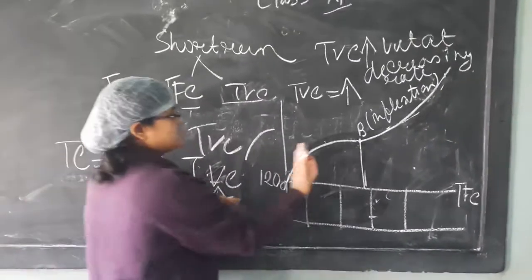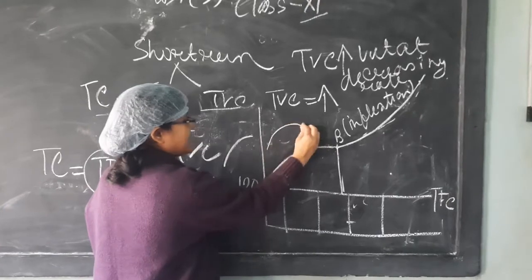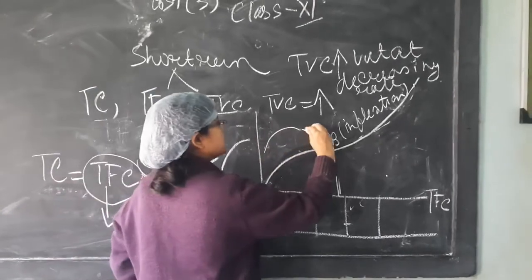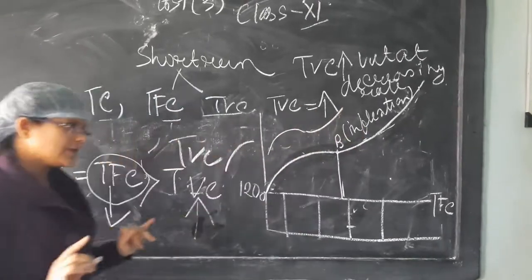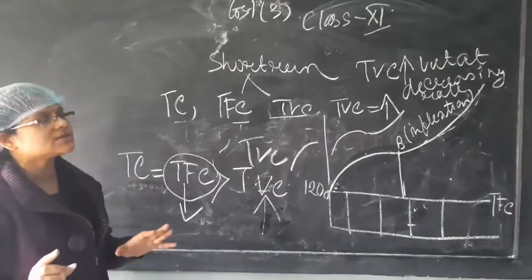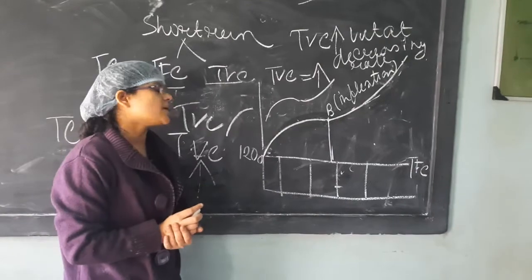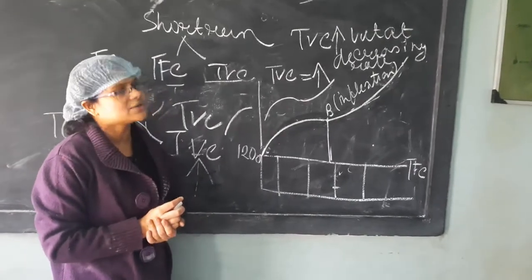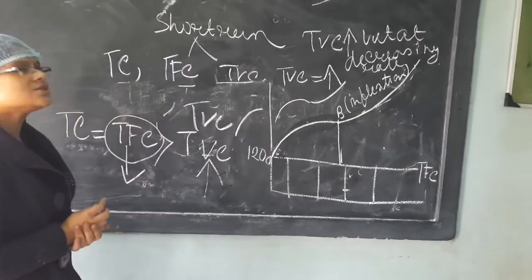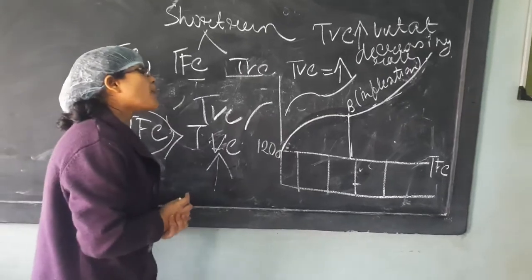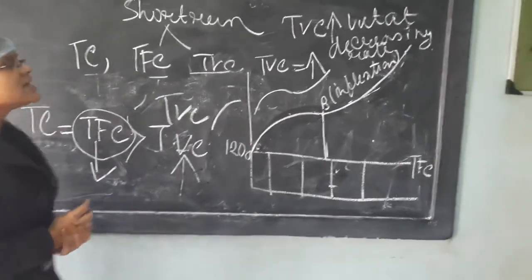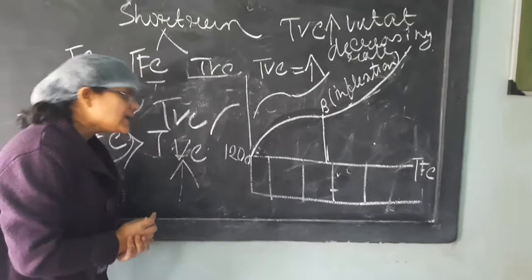Clear? The shape has changed. First it is this way, afterwards it is that way. When I teach the concave and convex concept in class 12, then I will name those parts, which one is the concave curve and which part is the convex part. But right now just remember that before the point of inflection, TVC is increasing at a decreasing rate.